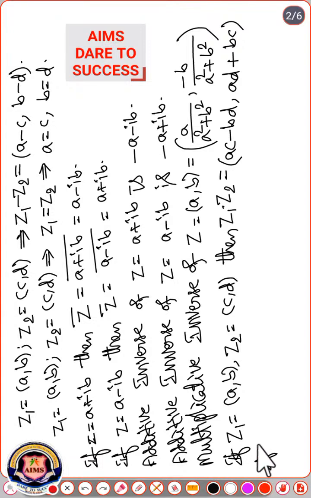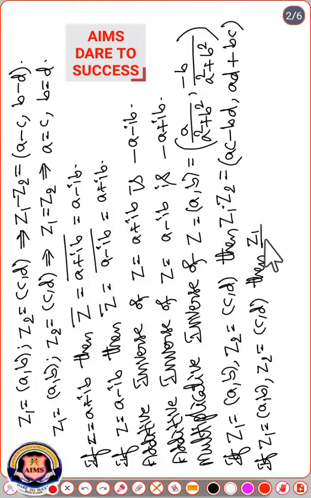Next, if Z1 is equal to (A, B) and Z2 is equal to (C, D), then next is division of two complex numbers, Z1 by Z2. I can write it like this: A plus iB divided by C plus iD.